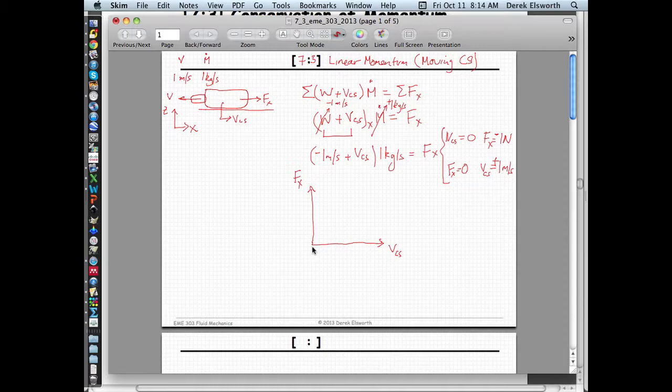If the velocity of the control surface is 0, then the force that you apply is 1 Newton. If the velocity of the control surface is equal to 1 meter per second, then the force that you apply is 0. So those are the two ordinates on this graph.